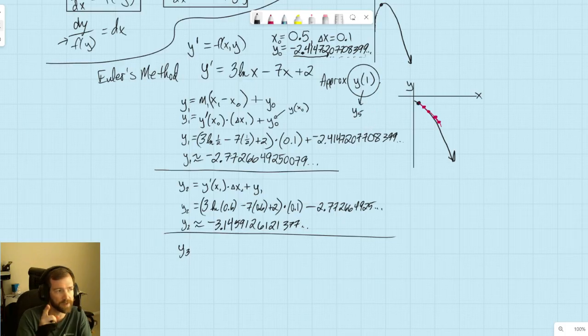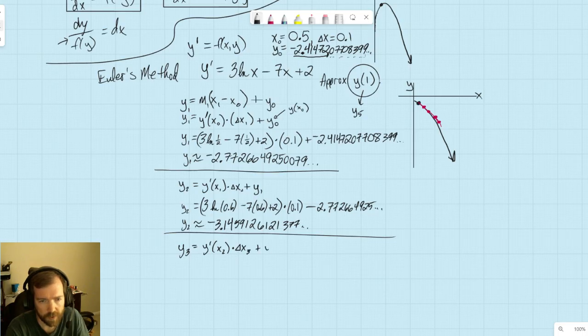All right, so our approximation is going to be y sub 5. So y3 is equal to y prime at x2 multiplied by delta x3 plus y2.